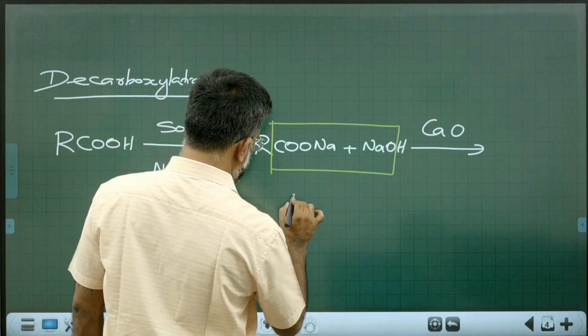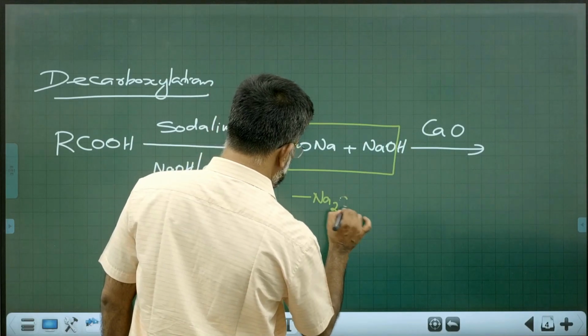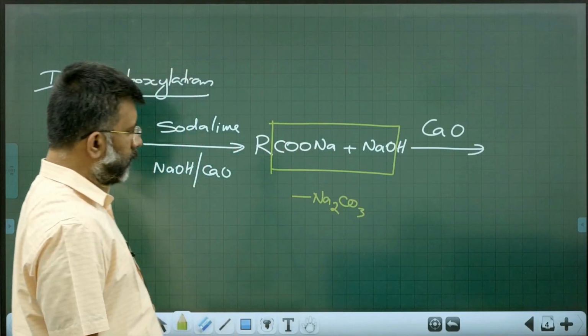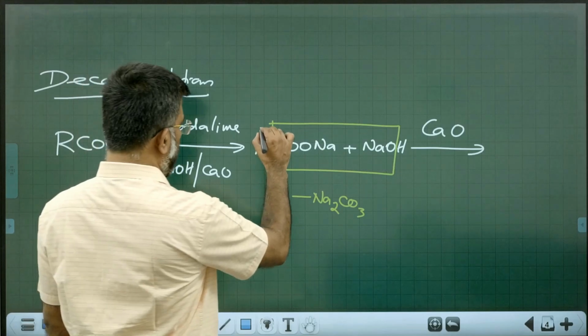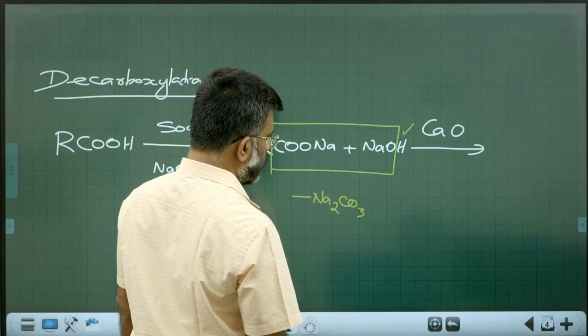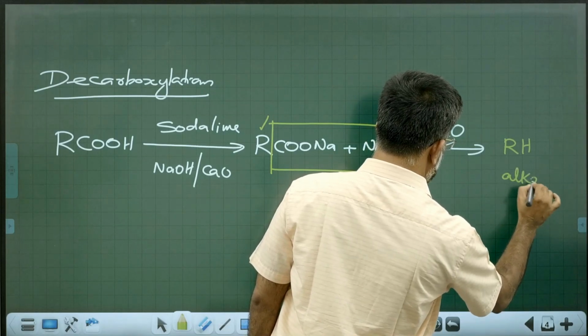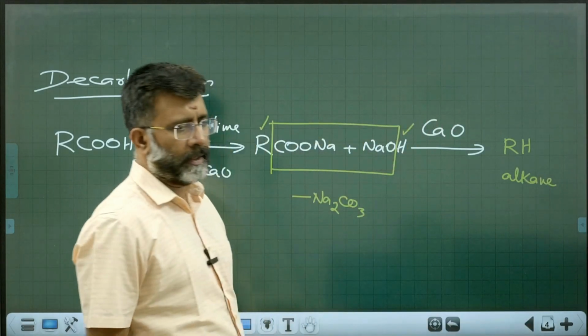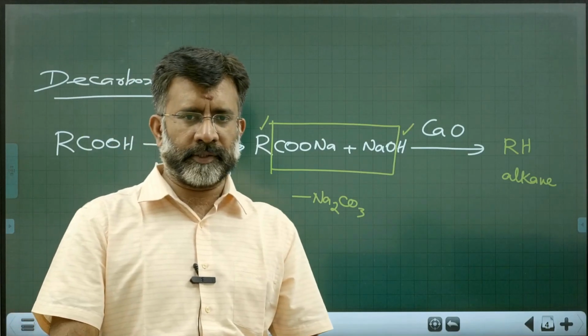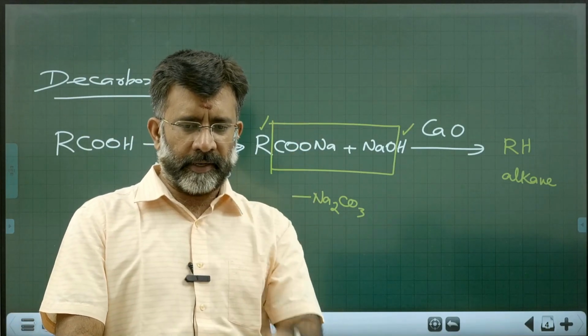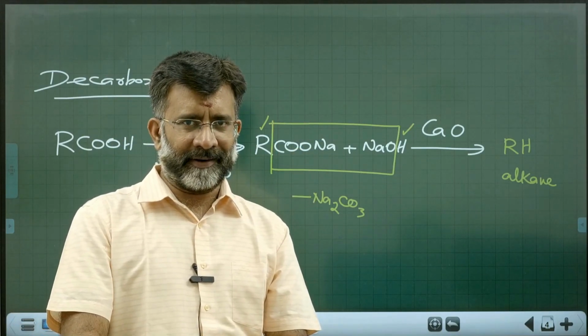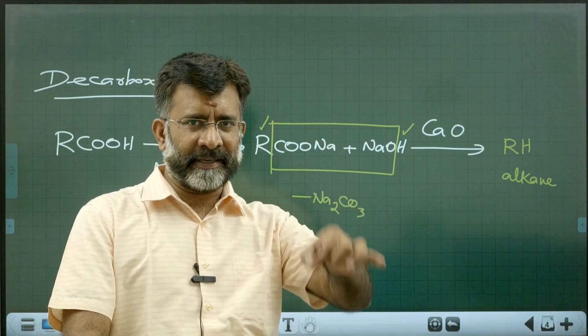Na2CO3 comes out, and this R gets this H. You get the product RH, that is alkane. This is a decarboxylation reaction. This is a descending reaction. Here one carbon is decreasing.